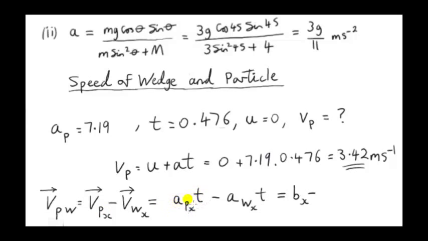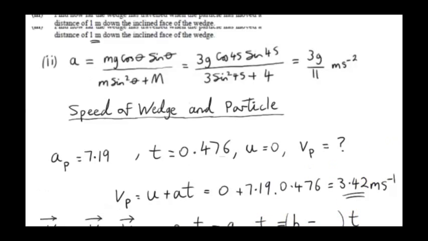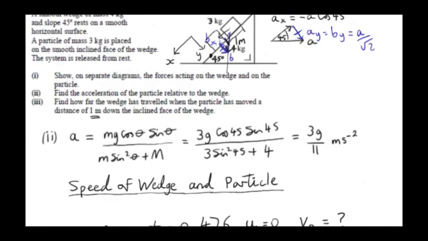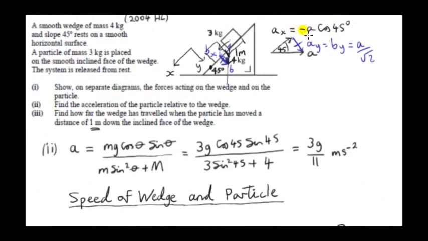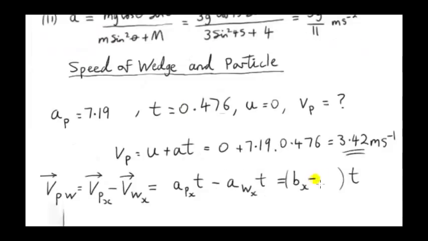So it's just v equals u plus at applied. And similarly for the wedge, so we saw all this before. The acceleration of the particle in the x direction we call b sub x. This is multiplied by t, we take out the t. What about the acceleration of the wedge in the x direction? Well, if we go back here, we have it. It's minus a cos 45, which is minus a over root 2. So we're going to get minus a over root 2, or plus a over root 2.